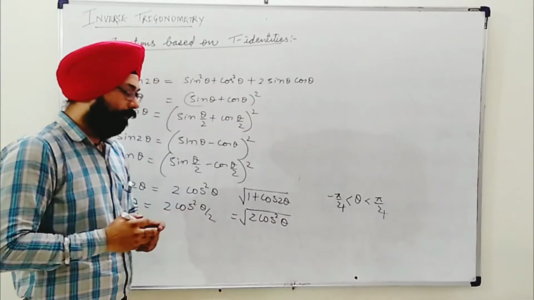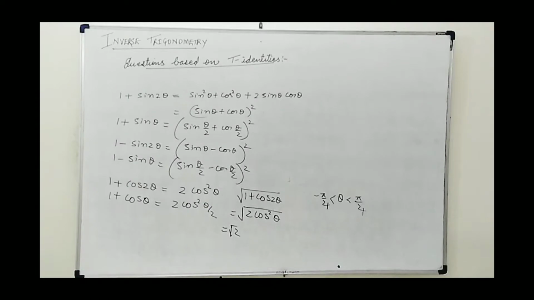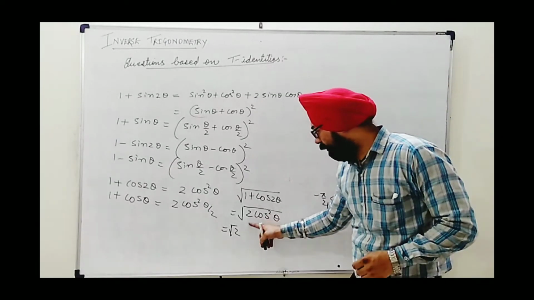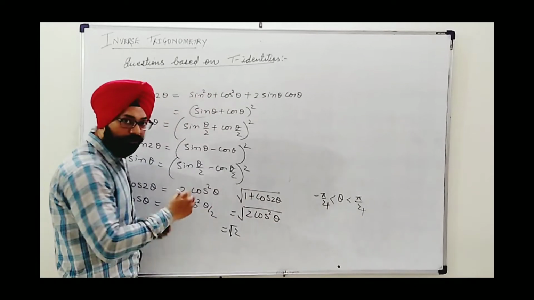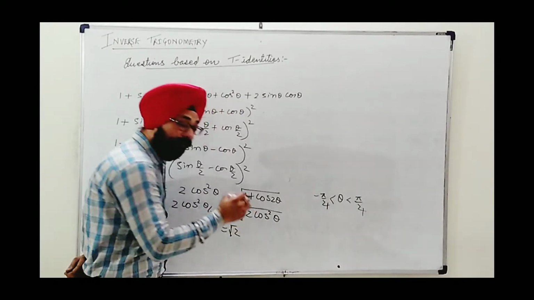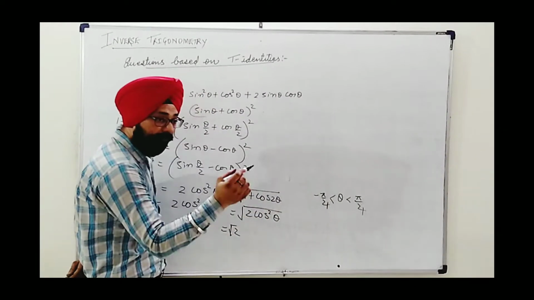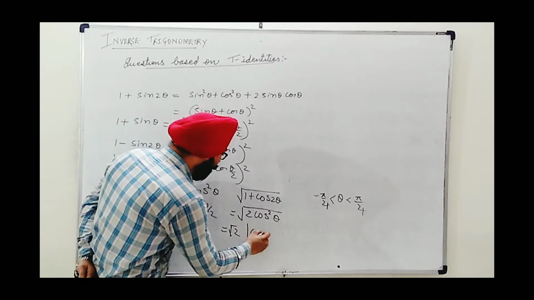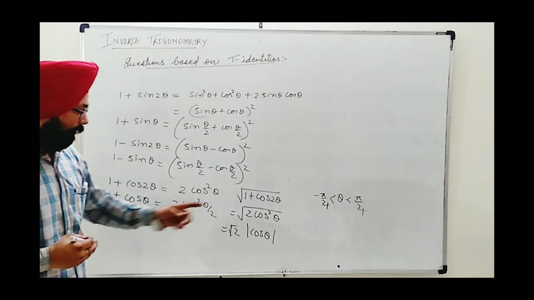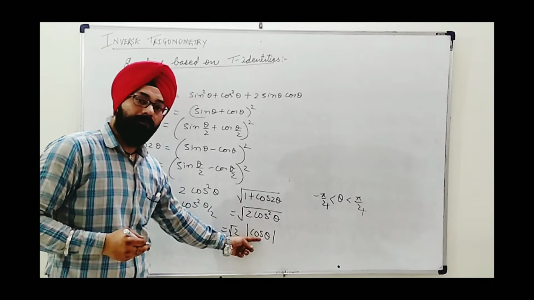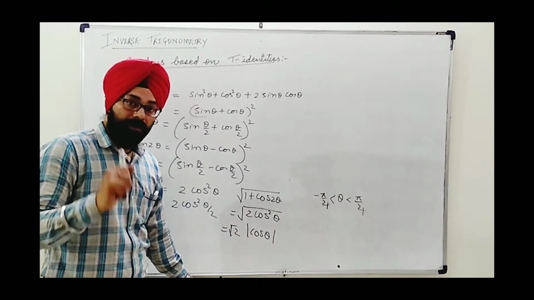In general, we take the square root. This 2 can be separated as root 2, but for the square root of cos square, we know it may be positive and negative both. So the square is removed, but this will be mod cos theta.